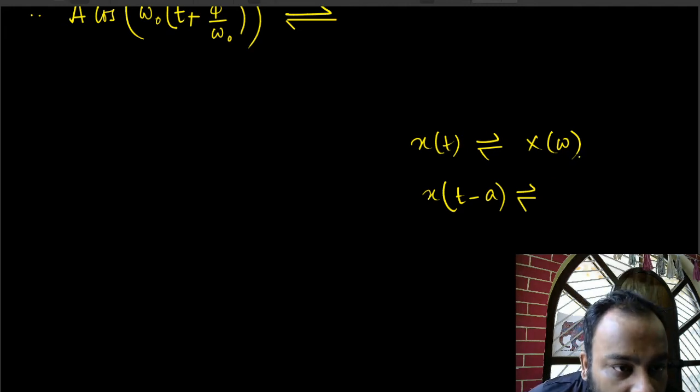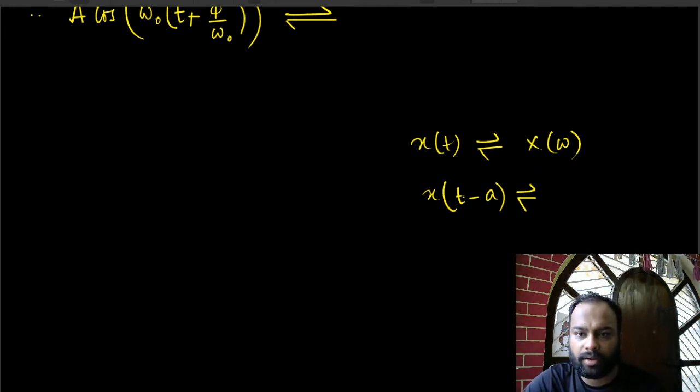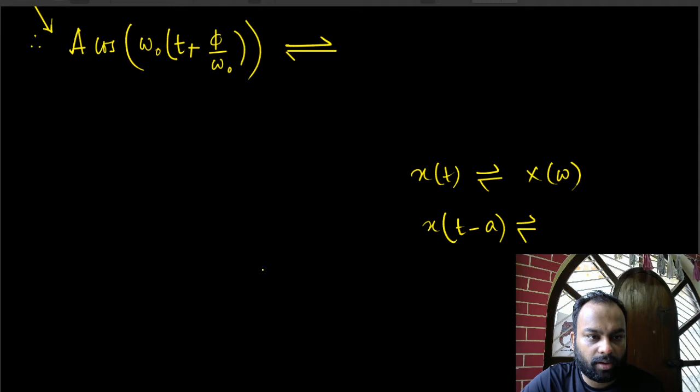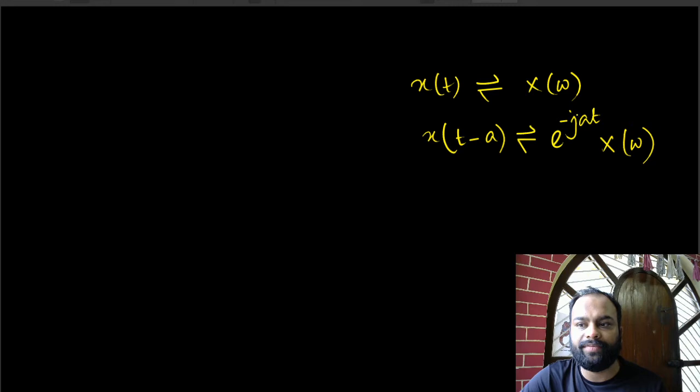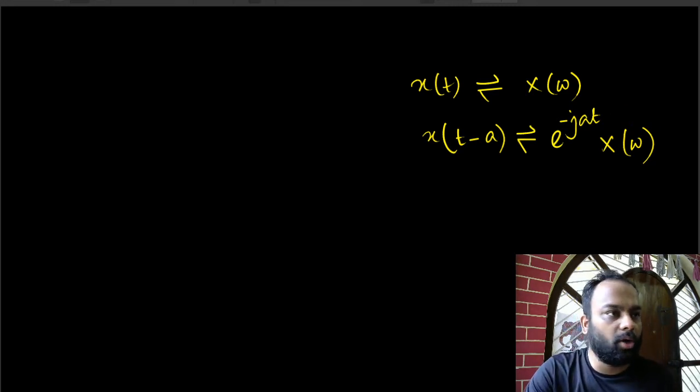Someone is saying e to the power. So what about this one? Can somebody tell me if this minus sign is correct or not? Otherwise I shall have to look at the formula, because the problem with me is that I cannot recall any of the formulas.